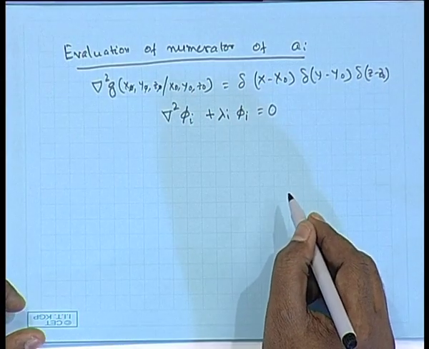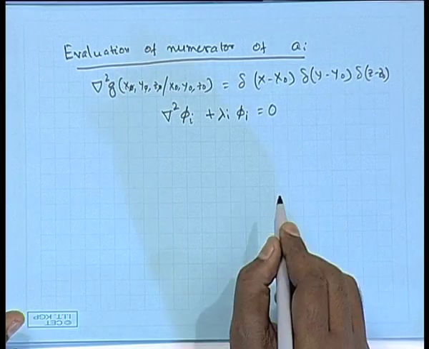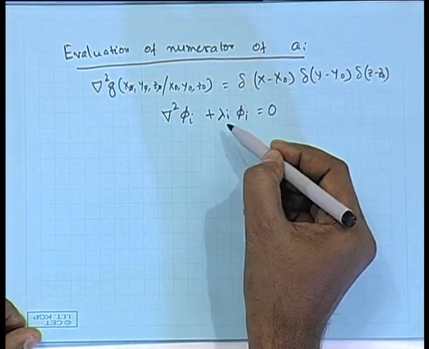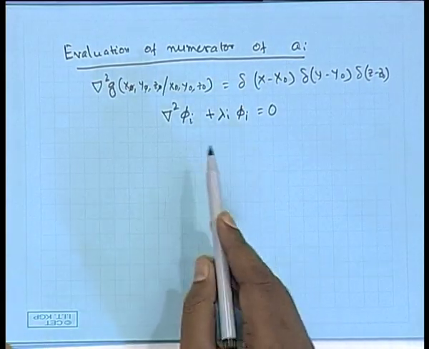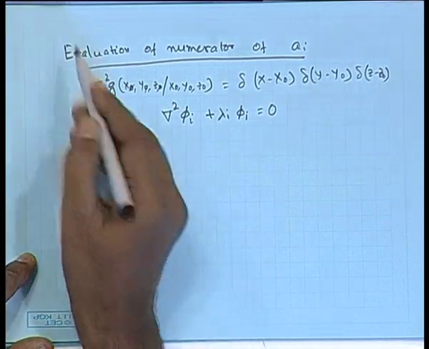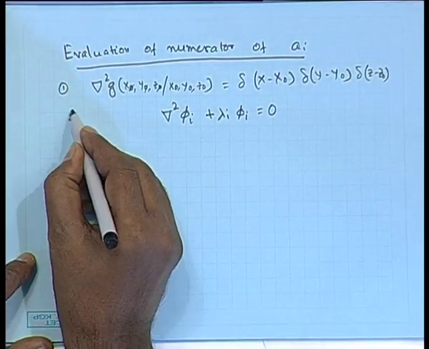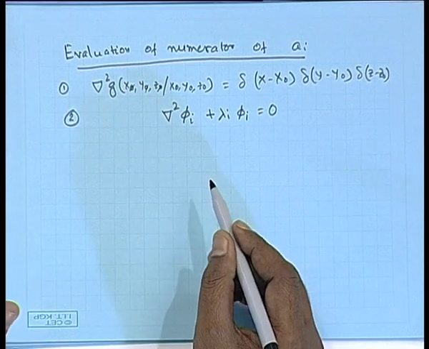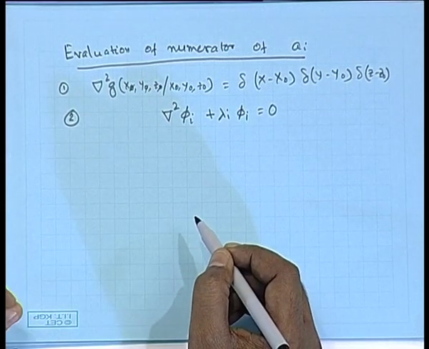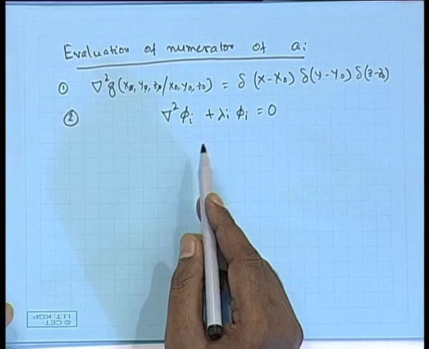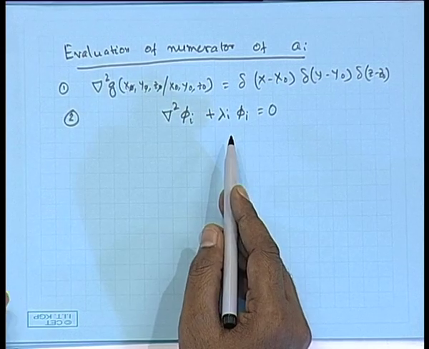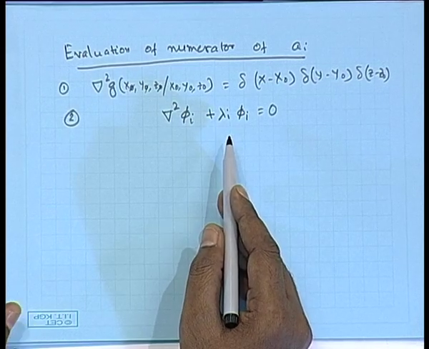In order to get the numerator of the expression of A i, what do you do? You connect this equation g and phi i. How to connect that? Let us say this is equation number 1, this is equation number 2. You multiply equation number 1 by phi i dv. Okay. You multiply equation number 2 by g dv and integrate and subtract.